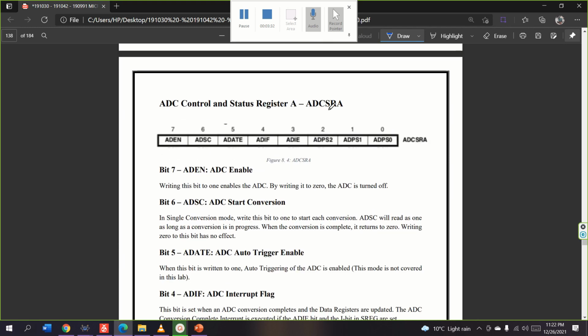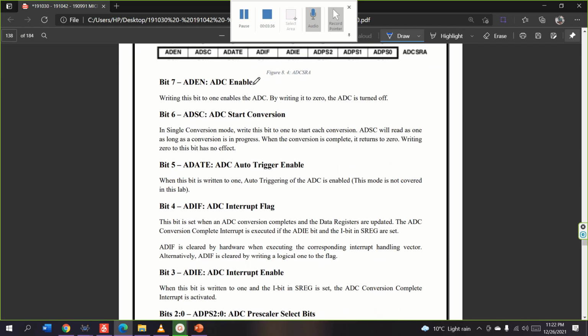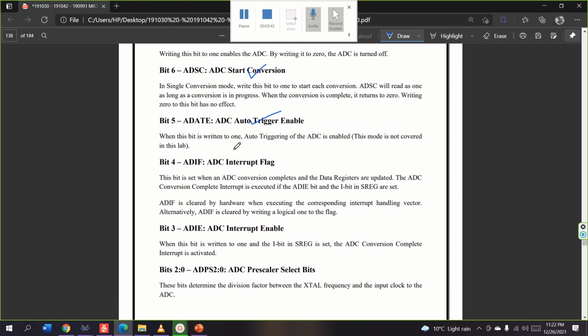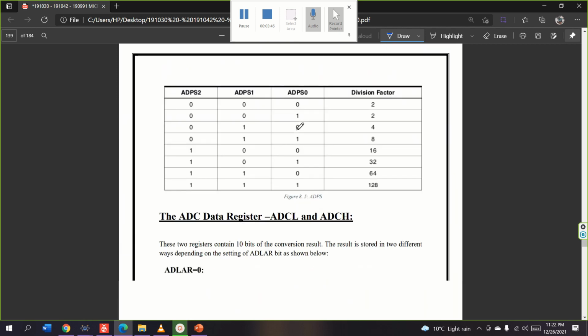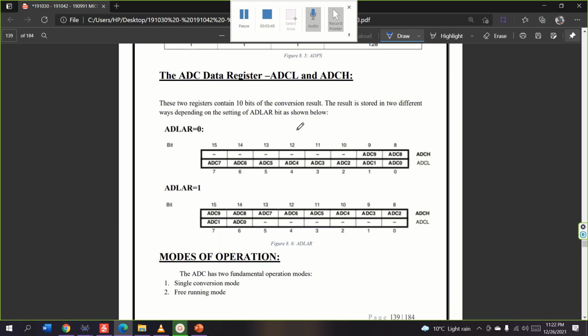Further is the ADCSRA, the control and status register. It has the ADC enable bit, start conversion, auto trigger enable, interrupt flag, interrupt enable, and the prescaler bits for the clock. Then there are the ADLAR registers I was talking about, which are 10 bits: one is ADCH and the other is ADCL.